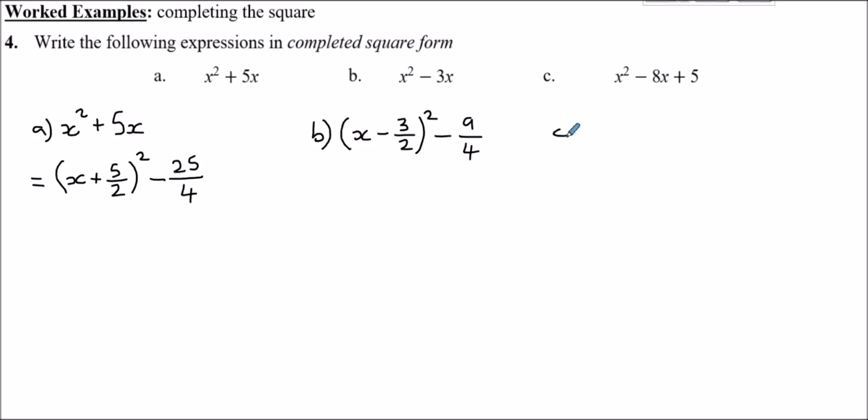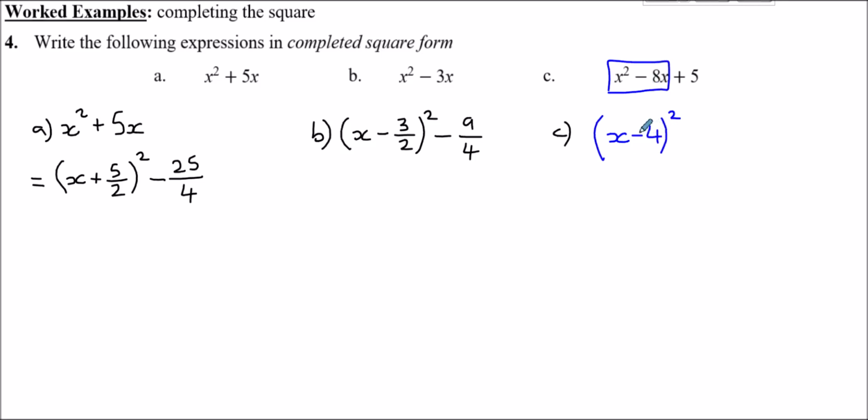For C, slightly more complicated. The trick here is we're only focusing on this bit when we complete the square. We ignore the constant term and include that only afterwards when we're simplifying. And so the x squared minus 8x just becomes x minus 4 all squared, and then we minus off the minus 4 all squared.